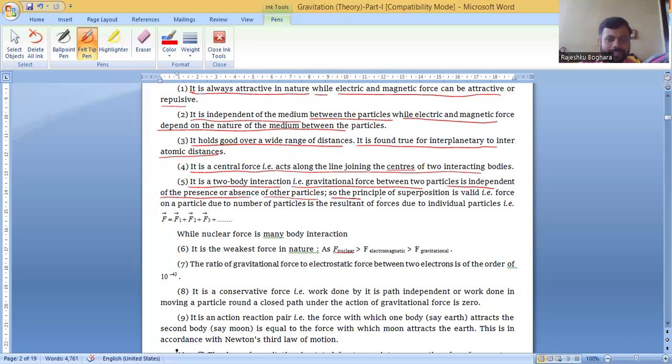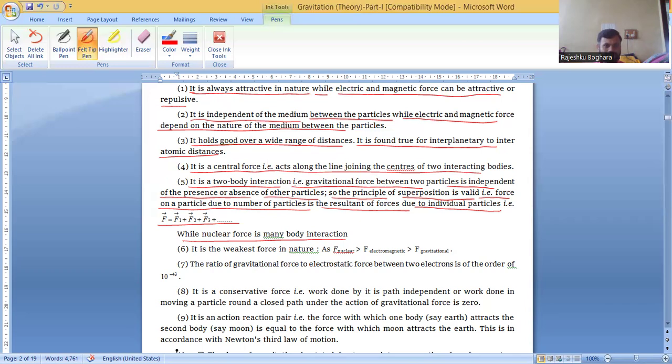So the principle of superposition is valid, that is, force on a particle due to a number of particles is the resultant of force due to individual particles. That is, resultant force is F1 plus F2 plus F3 and so on. While nuclear force is many body interaction. Gravitational force is only two body interaction.